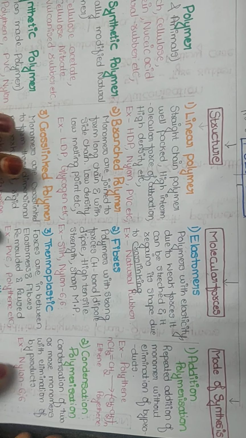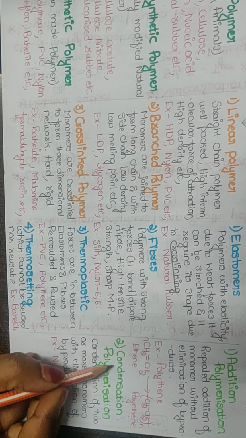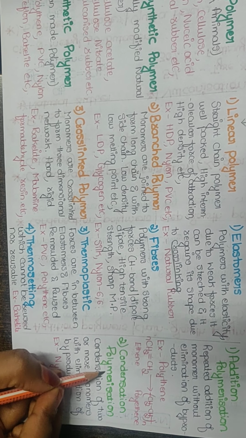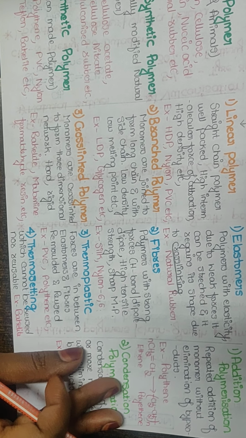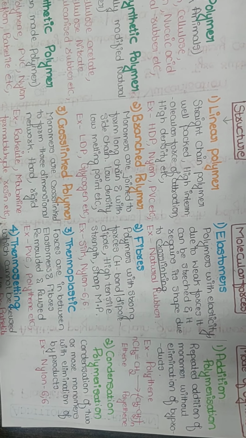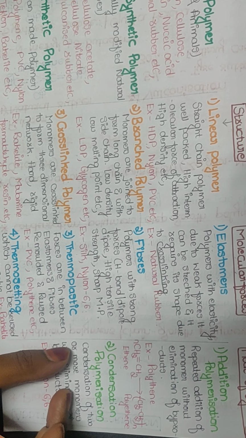Okay, so now let us move on to the next type, that is called as condensation polymerization. So here, when does the condensation polymerization happen is, so here we have to take 2 monomers, and the condition is very important.